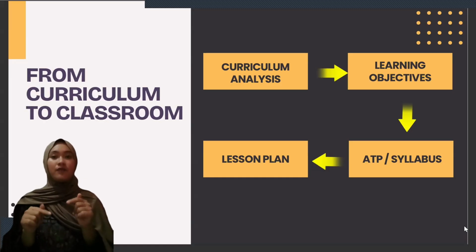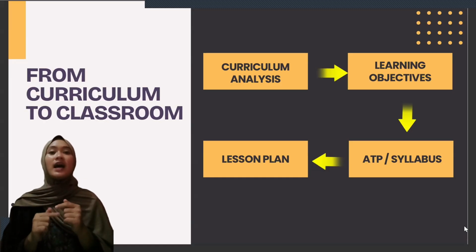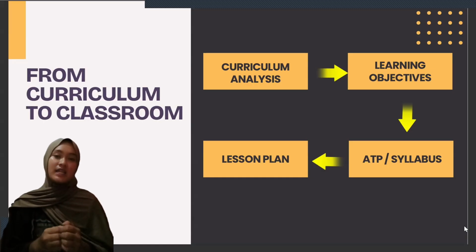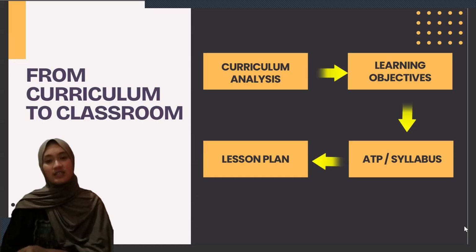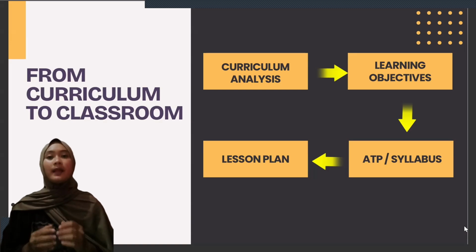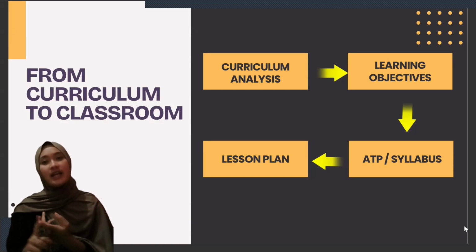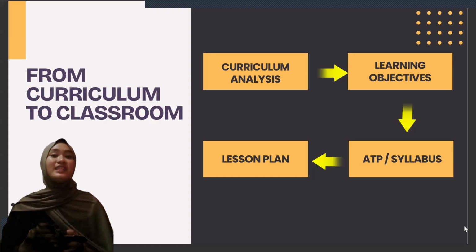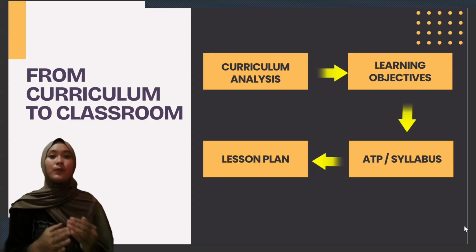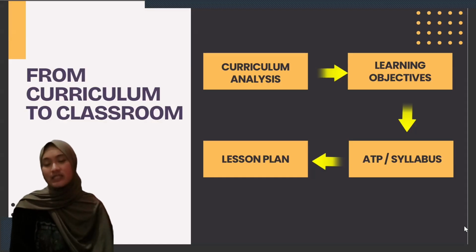These objectives were then organized into an ATP or learning objective sequence, which function as the syllabus for the learning process. Finally, based on the ATP, I designed a lesson plan or module ajar that includes learning activities, learning media, and assessment strategies. Through this process, curriculum expectations can be transformed into meaningful classroom learning experience.